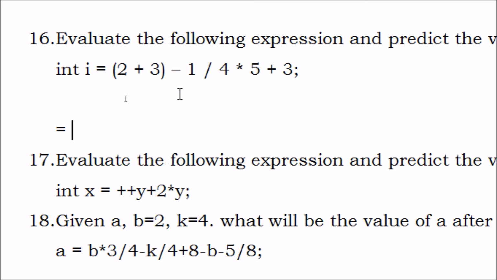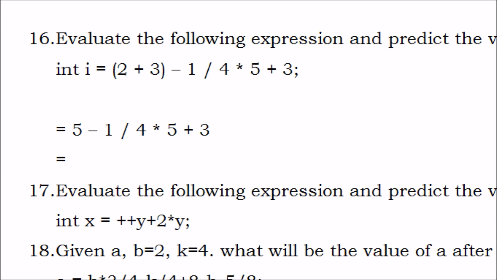Okay, so the bracket is given the highest priority, so I get 5 minus 1 divided by 4 into 5 plus 3. Okay, try not to solve this type of questions directly, or in any shortcut method, because often you make mistakes.